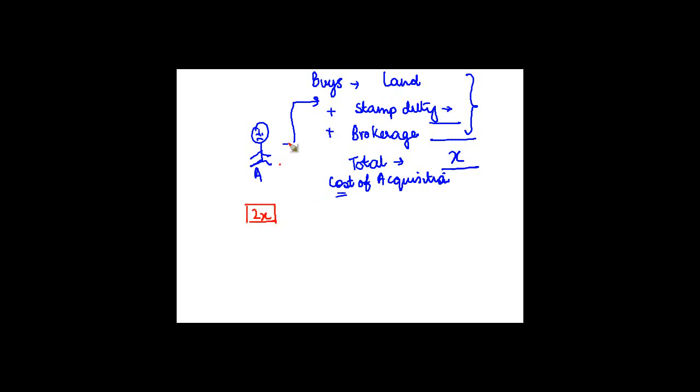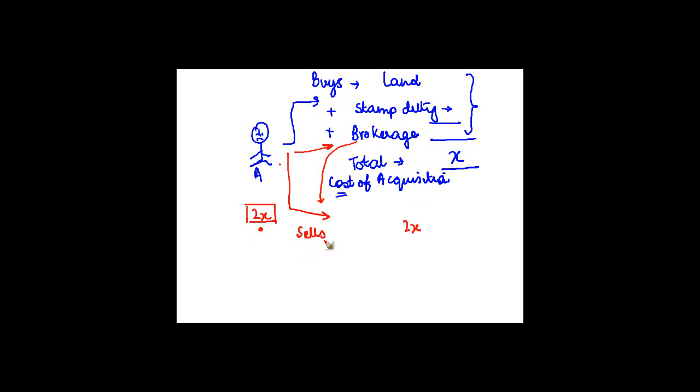So he again goes to this broker and asks him to arrange a buyer. This broker is very happy. He gets a buyer, and this time he sells the land. When he sells the land, he gets 2x.